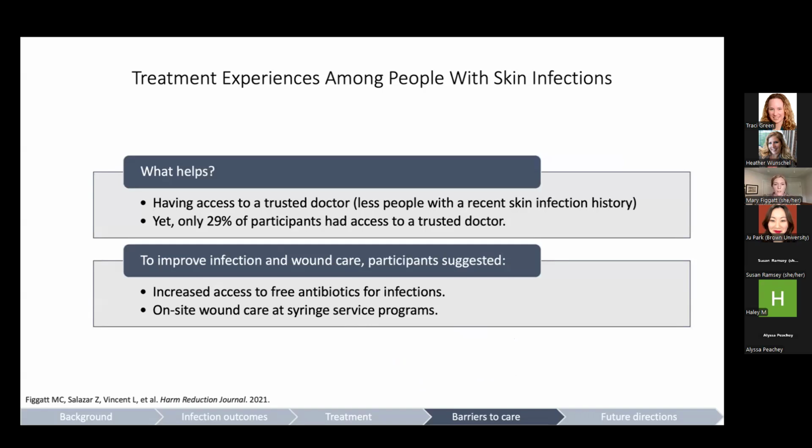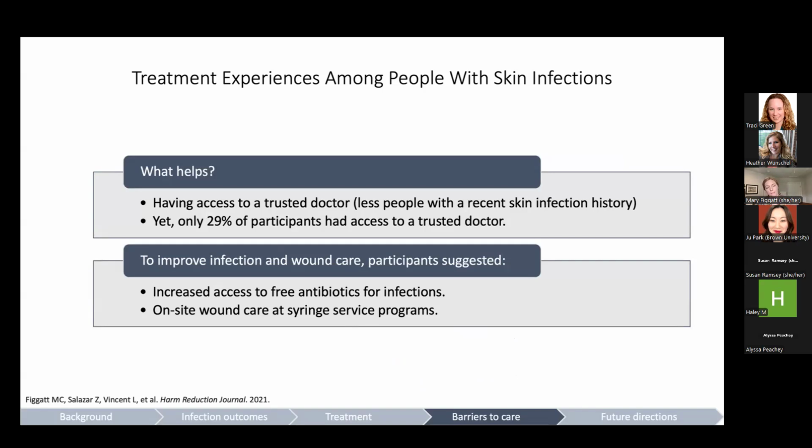And so then looking in terms of what potentially can mitigate or reduce some of the impact of these infections, we found that people who had access to a trusted doctor overall had a lower history of skin and soft tissue infections compared to those who didn't have access to a trusted doctor.